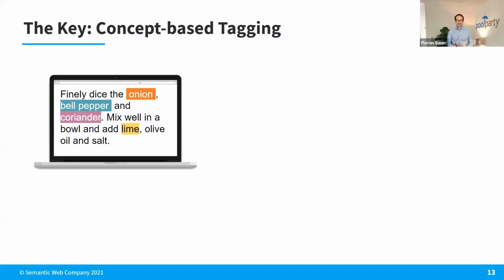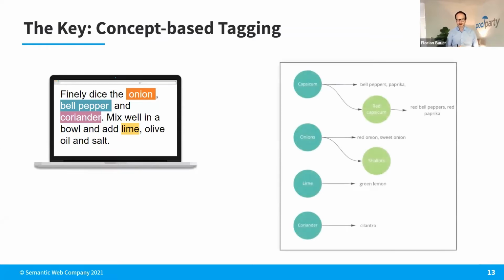The key here is, again, these concepts that I mentioned before. So here you see a recipe. It says, finely dice the onion, bell pepper, and coriander, mix well in a bowl and add lime, olive oil, and salt. When we model this kind of domain in a taxonomy, we can add all that knowledge to the concepts that are mentioned here.